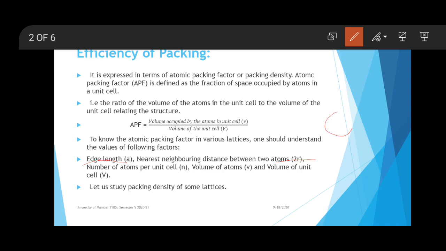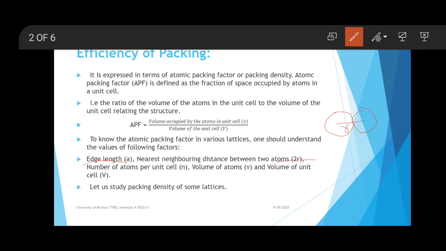Let's say this is one constituent particle and this is another constituent particle. The radius of one sphere, if you double it, becomes the diameter of one sphere. So that is called 2r.